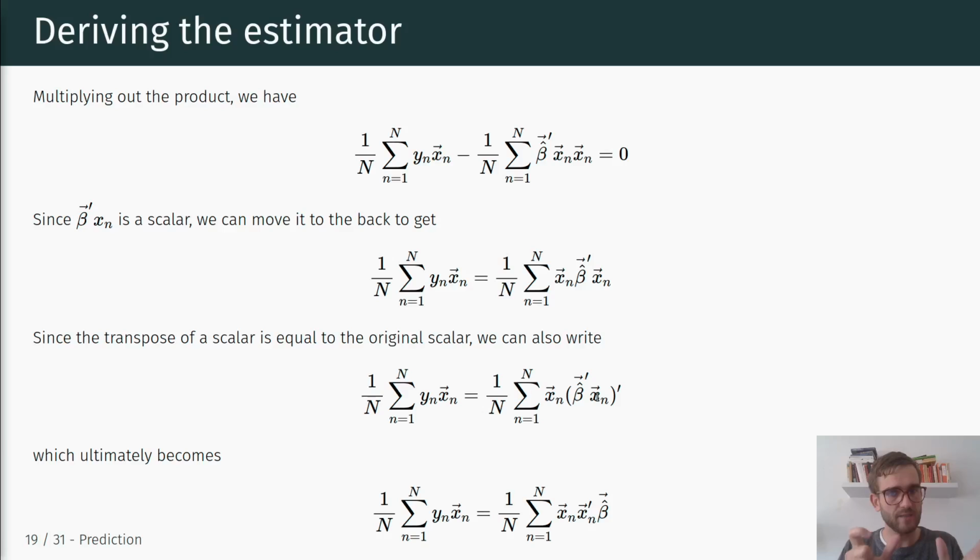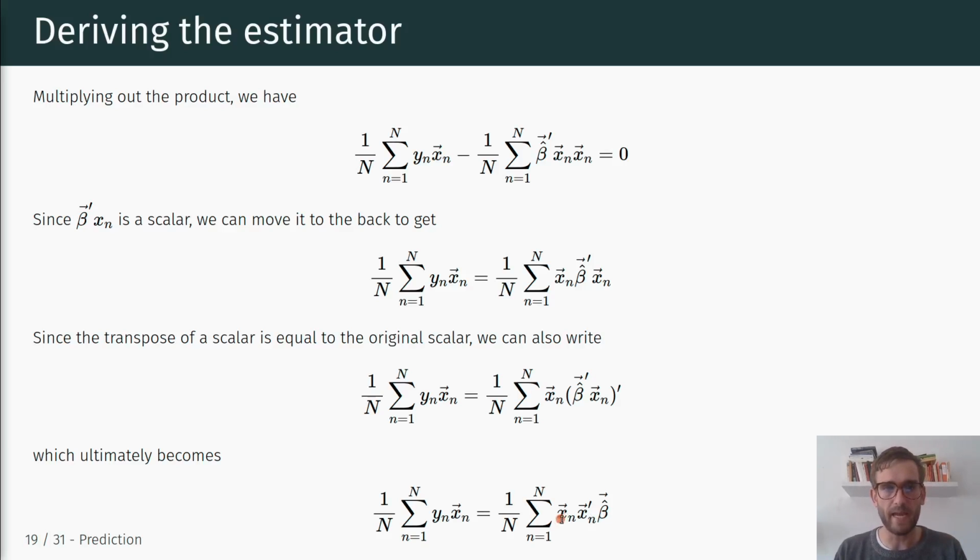We can take the transpose of the individual elements, but we have to switch their order. So this is what we're going to do. We take the transpose of this beta prime x_n, and in order to take that transpose, we have to switch their order and then take the individual transposes, right? So that means x_n prime will come to the front, and then beta hat prime, and then prime again, so twice the transpose is of course back again to the original beta. So we now have the beta hat vector at the end of this equation, okay?